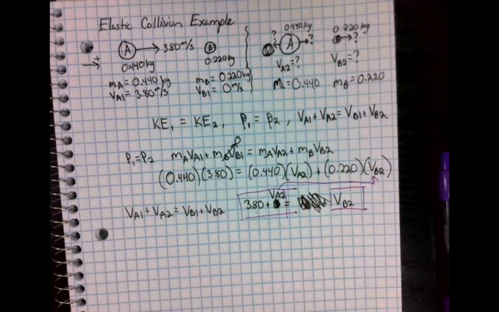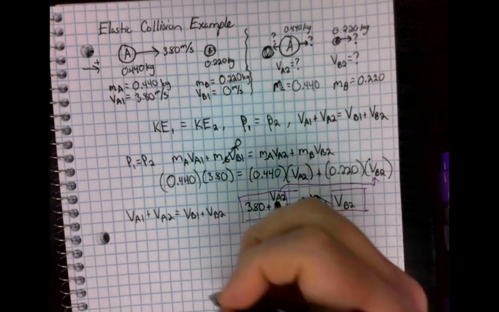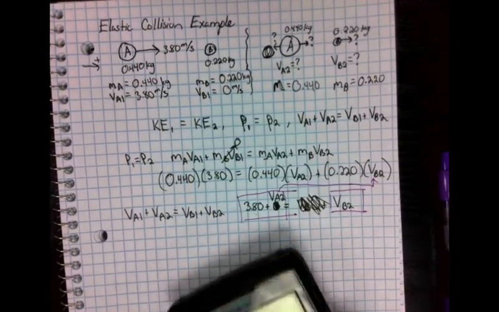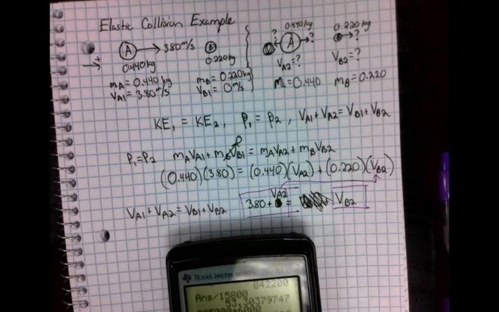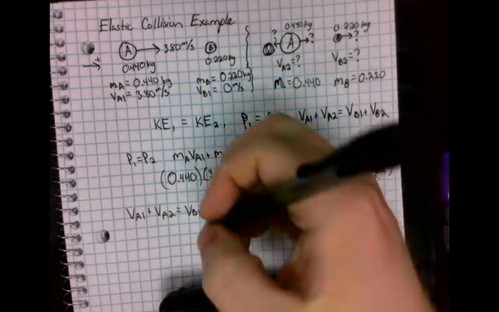That's going to let us solve for the velocity that our ball B has after it has been hit. So now I'm going to rewrite this equation, solving some of the pieces to simplify writing it down. I have 0.44 times 3.8.